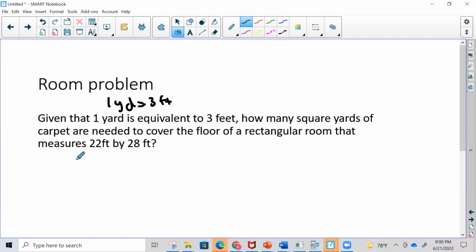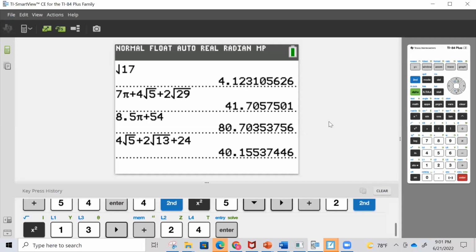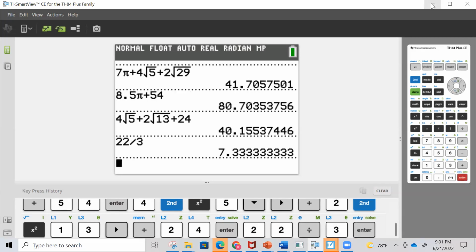So if I do 22 feet to yards, I would multiply by 1 yard over 3 feet. So the feet cancel. And then if I multiply that, that gives me 22 yards over 3. Right, and that gives us like 7.3333.